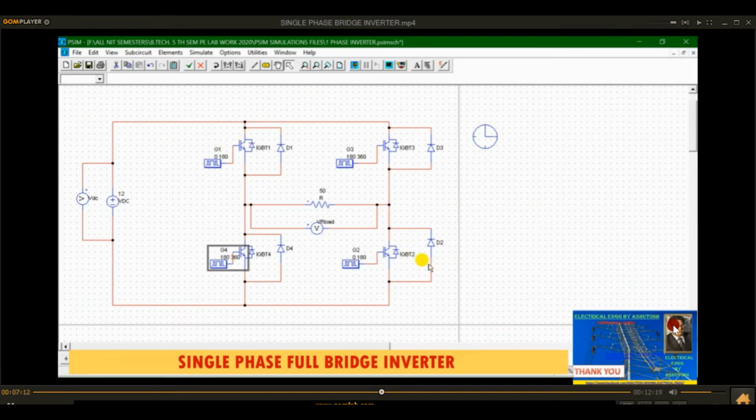You will notice that thyristors T1 and T2 are triggered simultaneously, and the load is connected to the source through this purely resistive load. During this period 0 to 180 degree, the voltage output becomes positive, and this is the reason the load voltage is shown positive and equal to Vs in the output voltage.